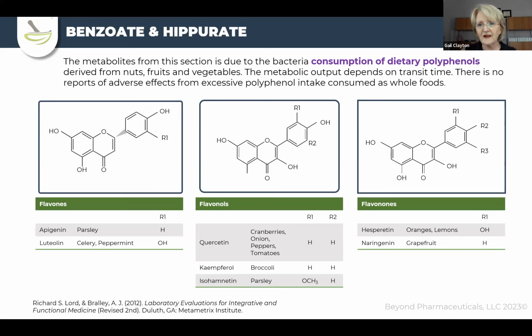So they make all these flavonoids that I've listed here, and you can see that they come from foods like parsley, celery, peppermint, cranberries, onions, peppers, tomato, broccoli, hesperidin, and naringenin. And you can see here that quercetin, which most people take for histamine intolerance, is a flavonol as well.